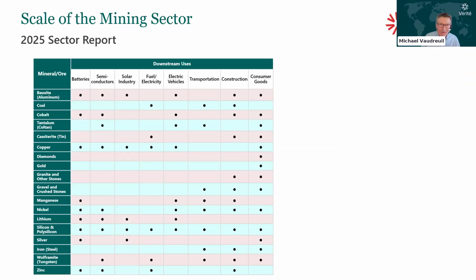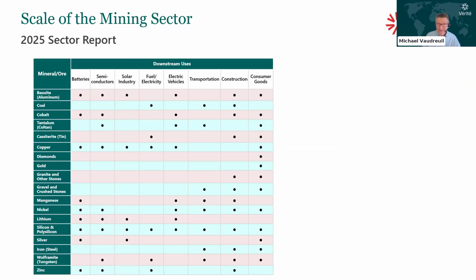So essentially, why did we choose the mining sector for the work in 2025? Looking at this table, it should be pretty obvious that the mining sector is huge. It's huge in terms of the number of industries and products that depend on mined mineral materials.